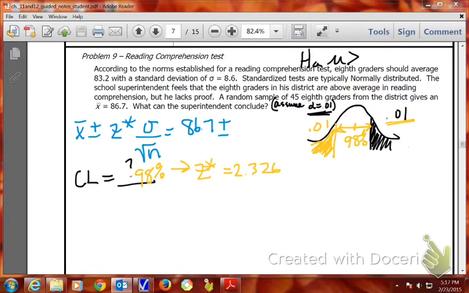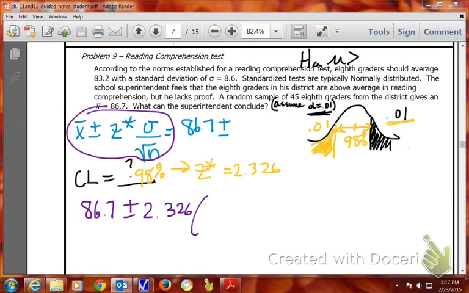So I'm ready to do the calculation of my interval. Remember, here's my formula. So I have 86.7 plus or minus 2.326, and then the standard deviation over the square root of n.